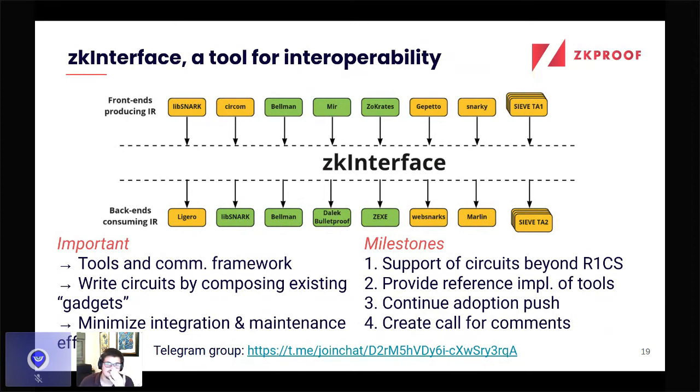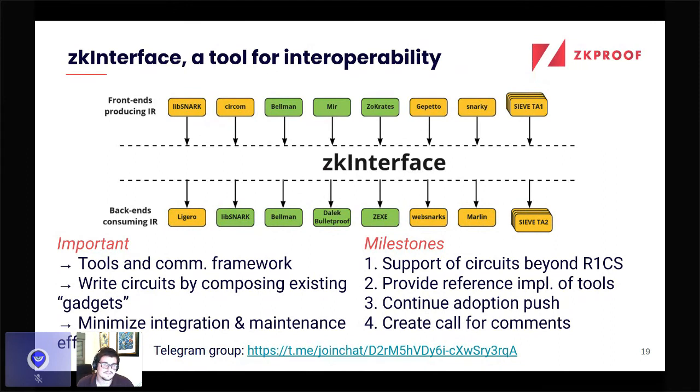Here you have several front ends. In green are those front ends and back ends that are implemented with ZK Interface. And back ends are really the proving system, right? You have the math doing the proof computation on data, and the verifier.